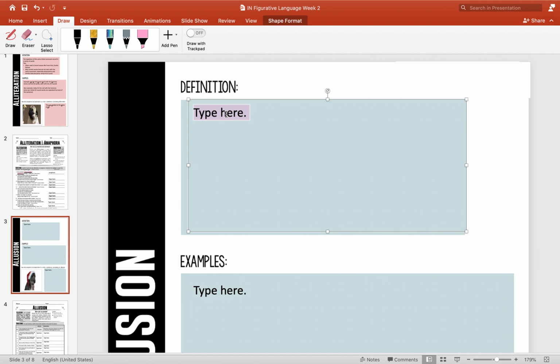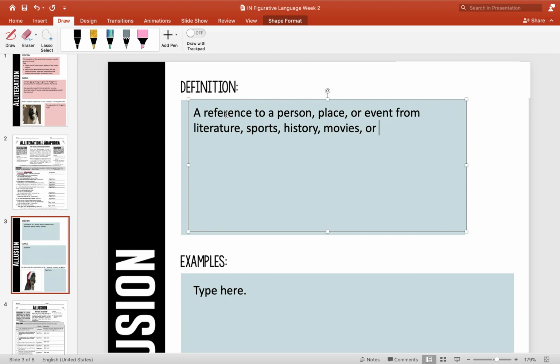An allusion is a reference to a person, place, or event from literature, sports, history, movies, or the arts.